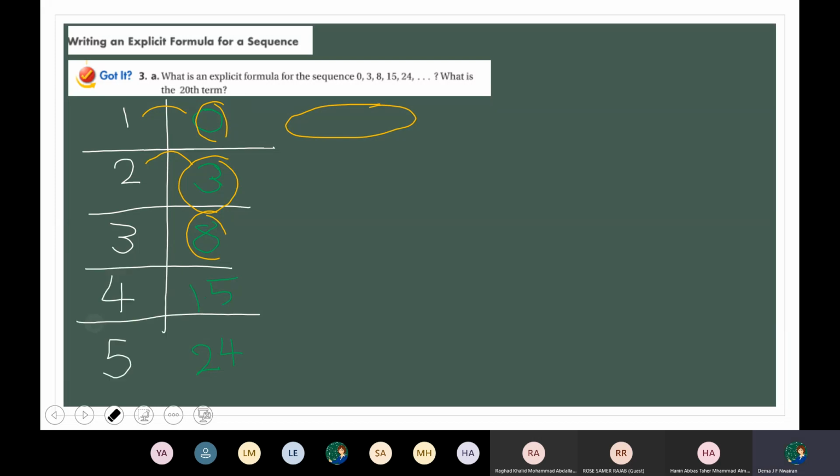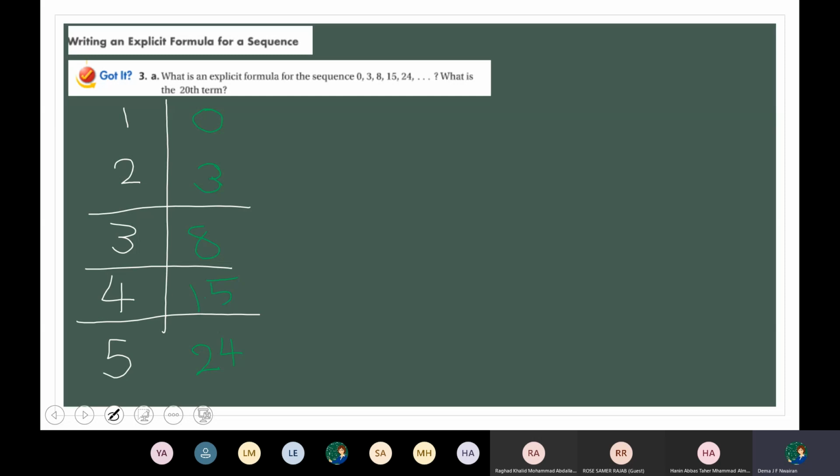Let's see how. I need now to put a formula that helps me make 1 to be as 0 and 2 to be as 3 and 3 to be as 8.